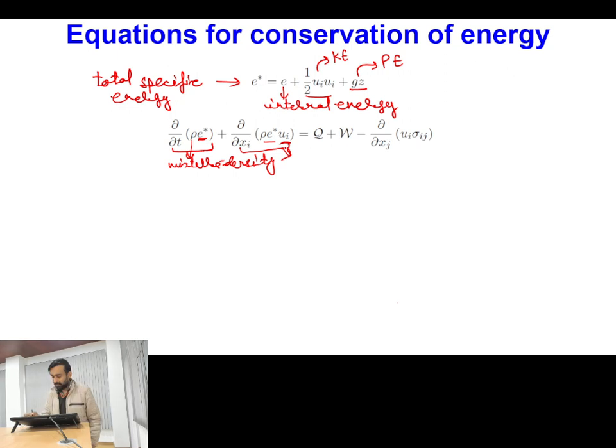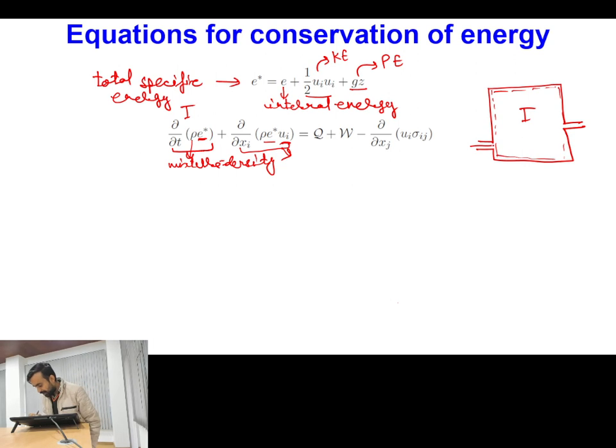So if you consider this is your control volume, and this is my boundary of the control volume, the first term represents the changes within the boundary of the control volume. But you have some amount of mass entering through this, and some amount of mass going out through this.